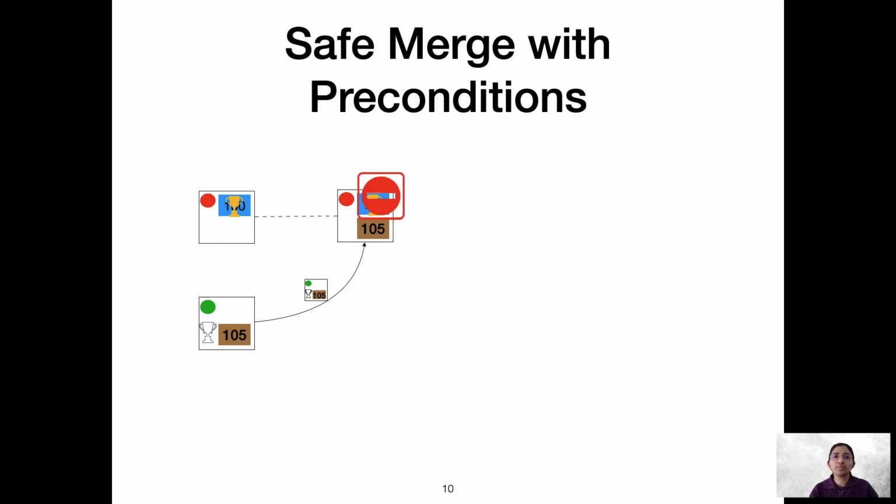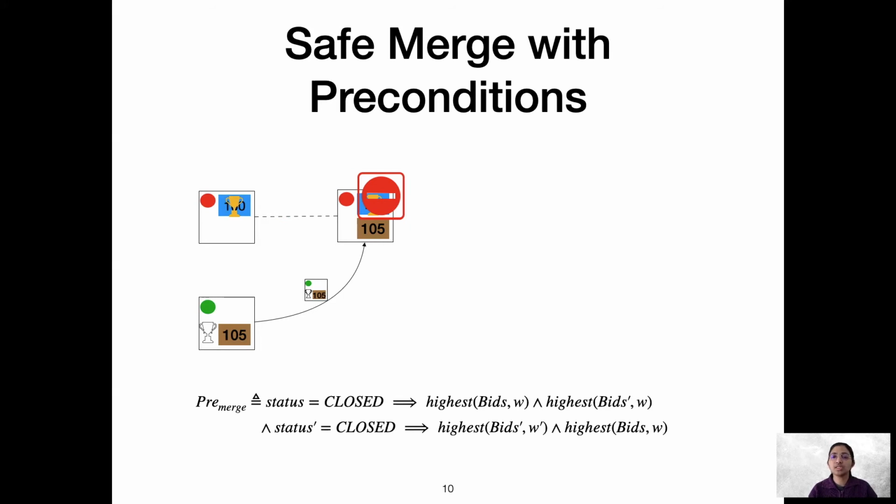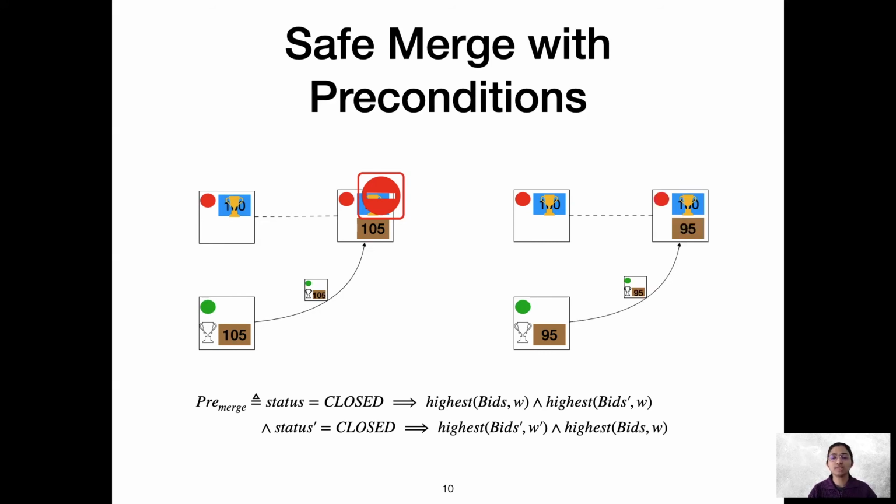As we did for the other operations, we strengthen the precondition such that if the status is closed in either of the states, the winner declared should be the highest bid in both states. The prime state represents the incoming remote state. So if we had the same local state with the auction status being closed and a winner declared and an incoming replica state with a lower bid, that would still be safe.